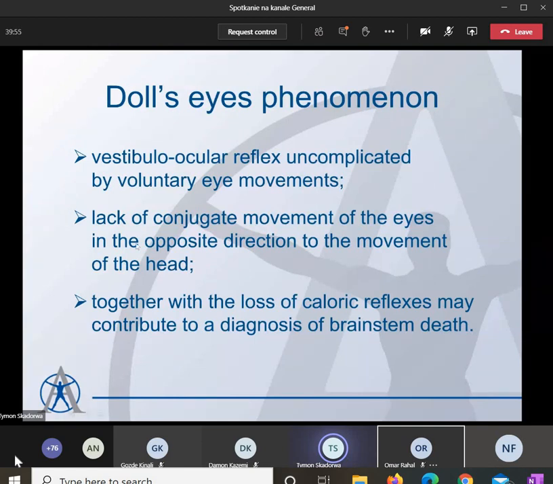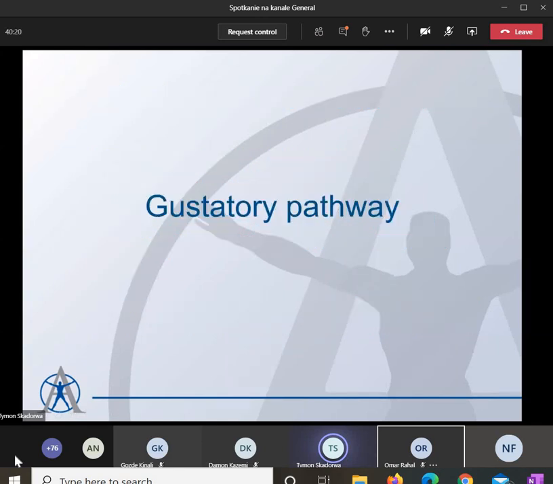So in case there is no conjugate movement of eyes in the opposite direction, you may find, I think with no problem, the movie on YouTube in which you may see this. So this is something very, very important, and this is due to the damage of the brainstem, okay? Because this pathway runs through the brainstem.